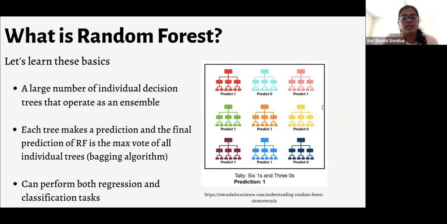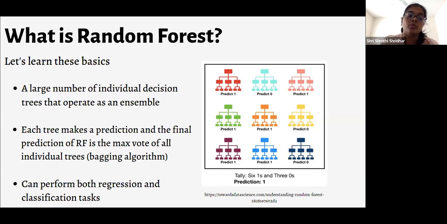Yeah. So let's look at it in more definitive terms. A random forest is an algorithm where we combine a large number of individual decision trees and make them operate as an ensemble. So what is an ensemble? Ensemble algorithms are algorithms where we don't use a single machine learning algorithm, but instead use many of them.